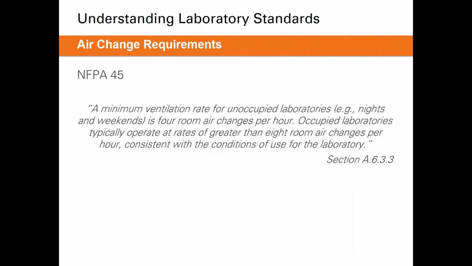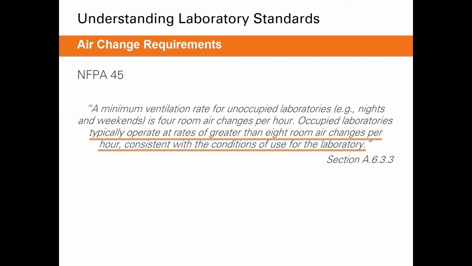NFPA 45 here states that a minimum ventilation rate for unoccupied laboratories is 4 air changes per hour, where occupied laboratories typically operate at rates of greater than 8 room air changes per hour, consistent with the conditions of use for the laboratory. So again, we'll make sure that we're designing the room for any of these standards for the hazard that's in the room.